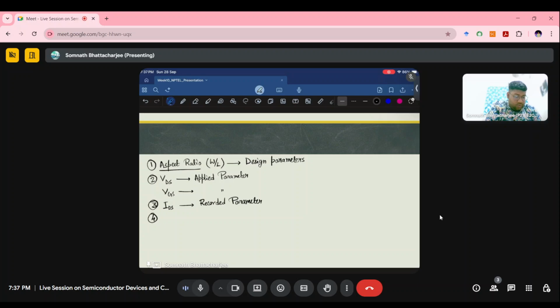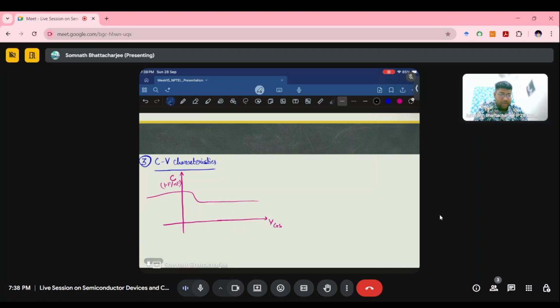Then what we need to know is the value of Cox, or the capacitance per unit area. So how to know that? First, to get the value of capacitance per unit area, we need to check the value of this C. This C is nothing but only capacitance. But to get the value of Cox, we need to divide it by the area.